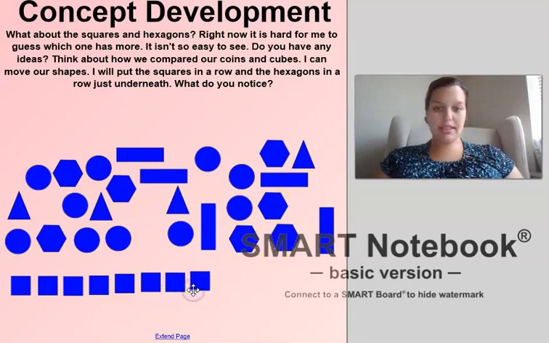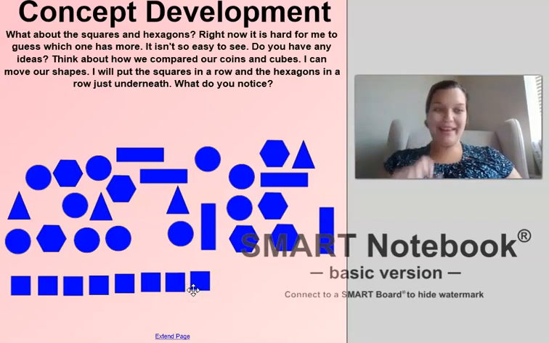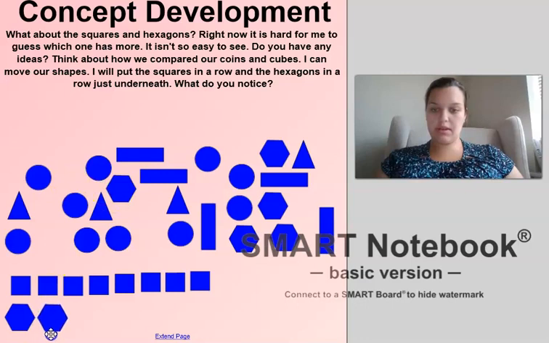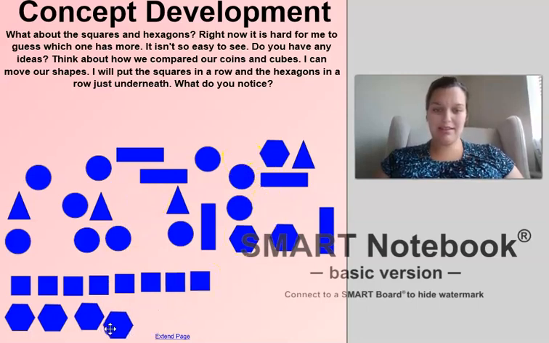Did I pull all my squares out? Yeah. Can you help me find all the hexagons? Hexagons, remember, they have 6 sides. Another one. Oh, I have a problem though. They're not lining up. Is that going to be a big problem? No, we have another solution to that, don't we?